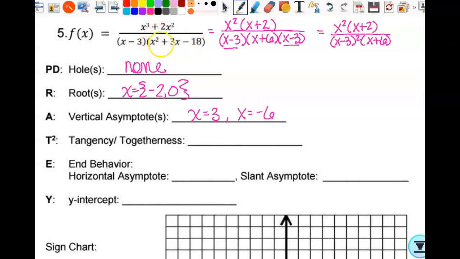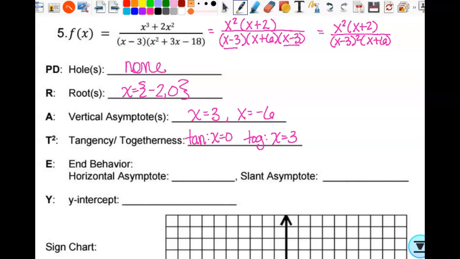Because that's not a factor. This one is a factor. So I've got that in the numerator and denominator. So does the numerator give me tangency or togetherness? Tangency. So I have tangency at x equals 0, and I have togetherness at x equals 3, right?